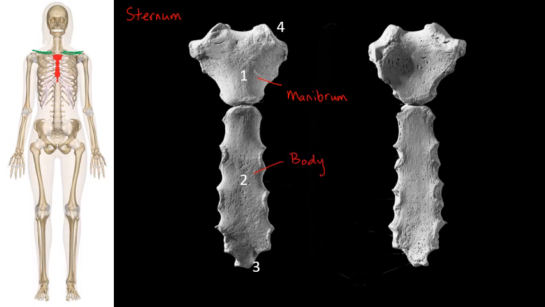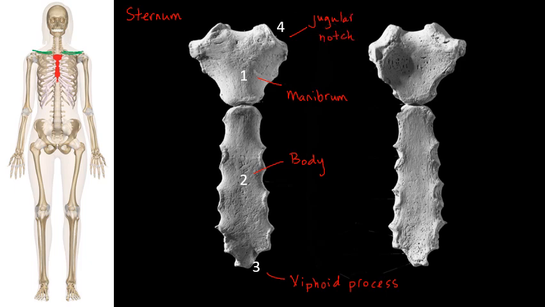Okay, so those are the 2 terms we need. And down at the bottom, we don't see it present, and quite often this breaks off in archaeological or bioarchaeological finds, recoveries. This is the xiphoid process. And up at the top, the area that articulates with the clavicle is called the jugular notch.